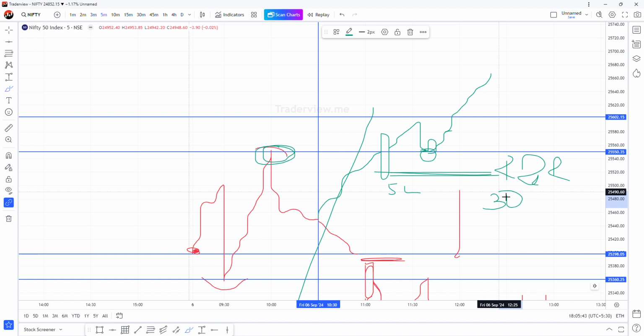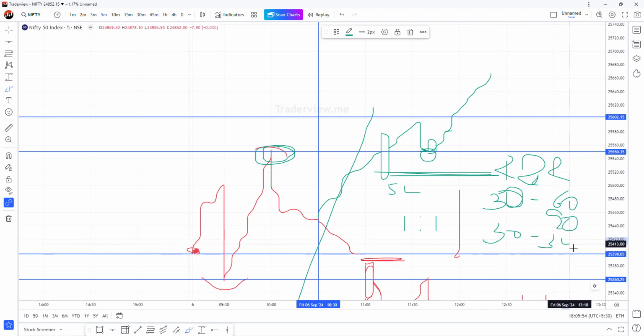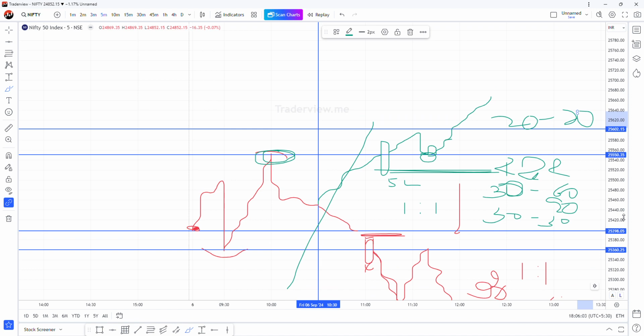If you are risking 30 points, then your target should be 60 or 90. If you are a scalper, then it is 1:1, that is 30 and then 30. Or if it is 20 for a scalper, it should be 20 points of target. Okay, like this you have to plan.